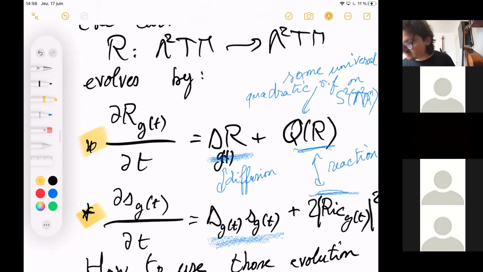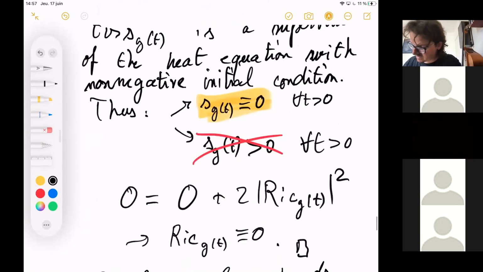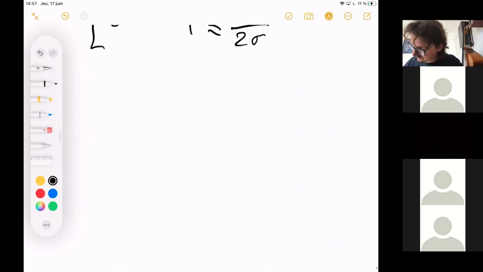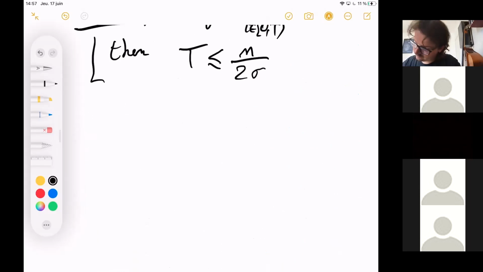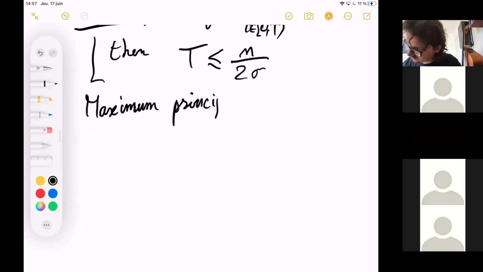We had a maximum principle for a single equation. What we will need is a maximum principle for systems. So let me state that.